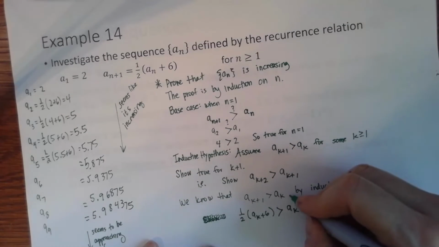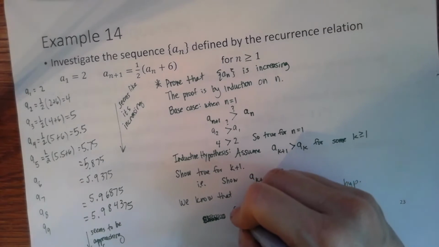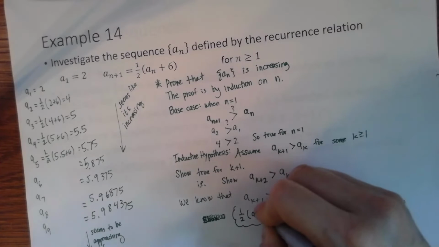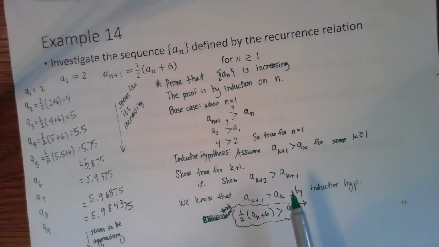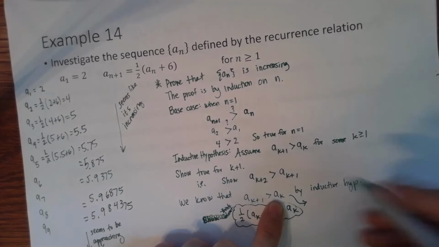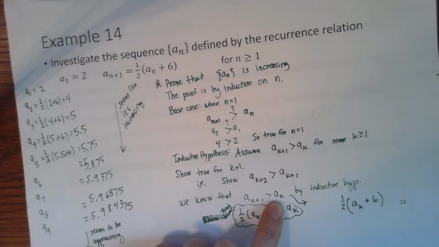So how could I turn this side, a sub k, into looking like a sub k plus 1? Well, if I take a sub k and add 6 to it, and then multiply that by 1/2, it will turn this side into a sub k plus 1.